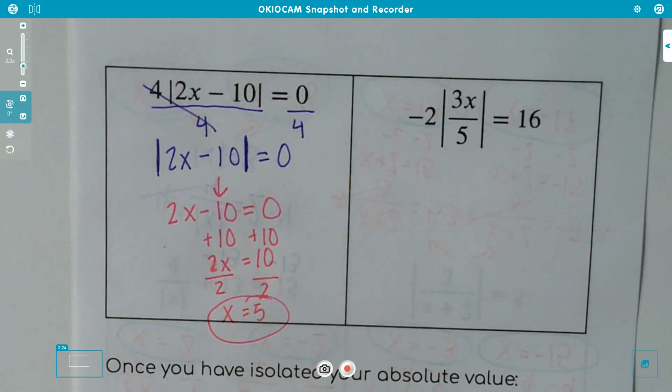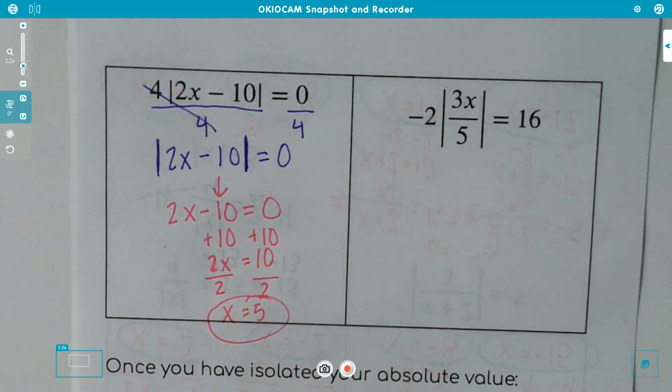All right. Any questions about that? How many answers did you have? 1. So if an absolute value is equal to 0, you are only going to have one solution.